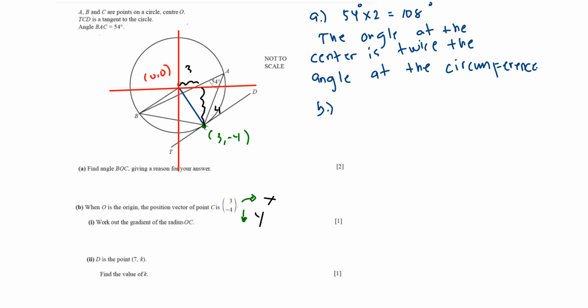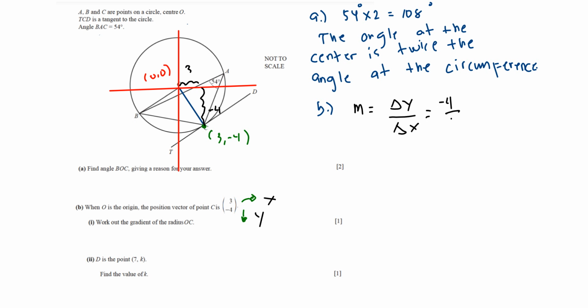So let's find the gradient. The formula for the gradient is the change in y over the change in x. The change in y is negative 4, and the change in x is 3.